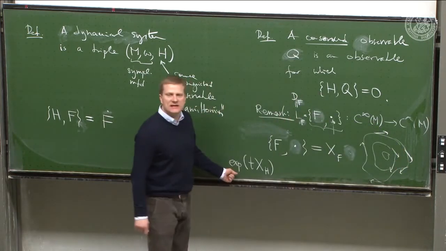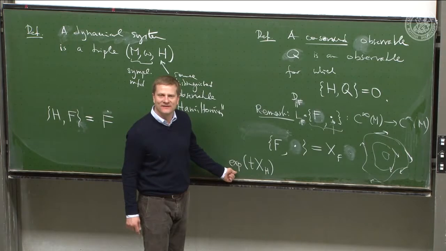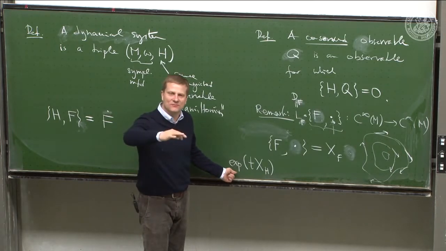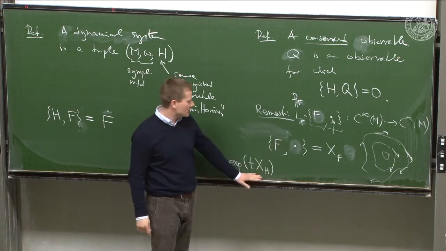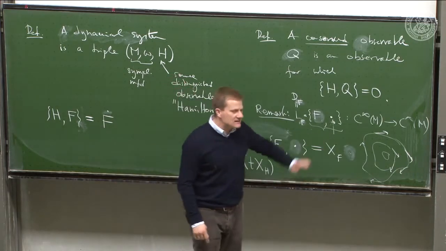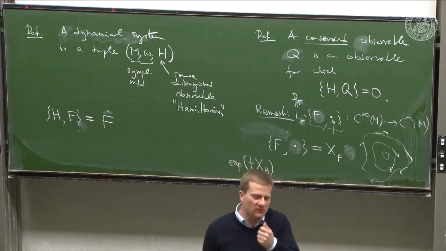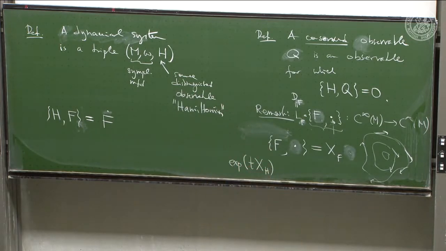We could also say it's the time development operator. Right? It tells you how the system moves. Isn't that crystal clear from this picture? Okay. Anyway, so the Hamiltonian vector field is not an abstract thing, it's something extremely concrete.